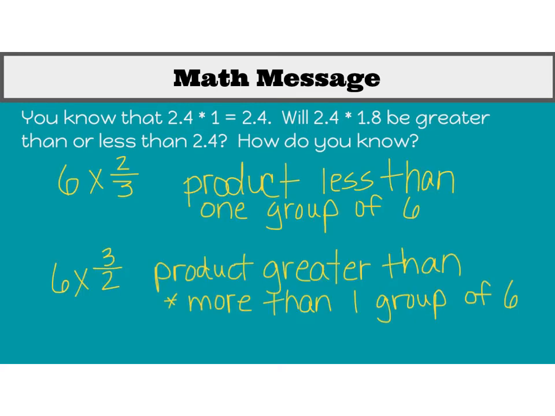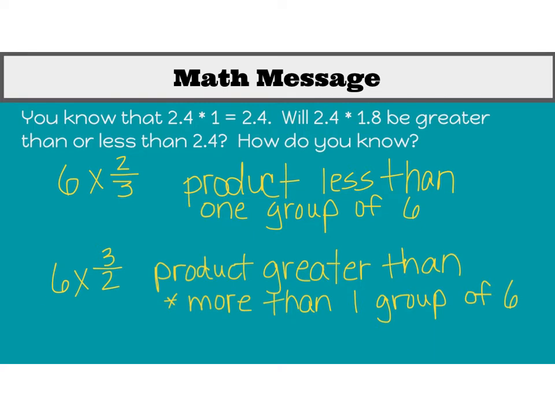Okay, so you've had some time to think through this particular problem, or questions, I should say, and I want you to think back to when we were working with multiplying fractions times whole numbers, and when one of our factors was less than 1, like the example here. So this was our whole number. We have a factor that is less than 1. And when we multiplied those, our product was less than one group of 6 because this was our whole number.